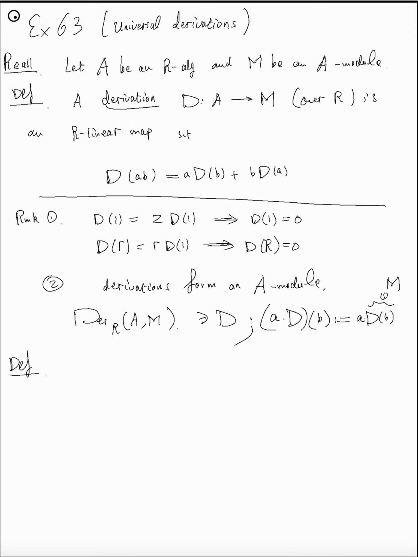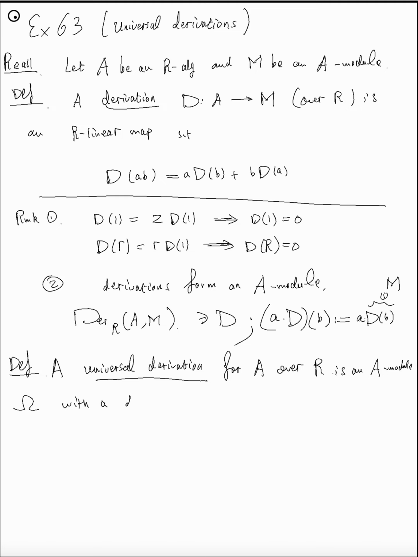Continue definition. So a universal derivation for A over base ring R is an A module with a derivation.